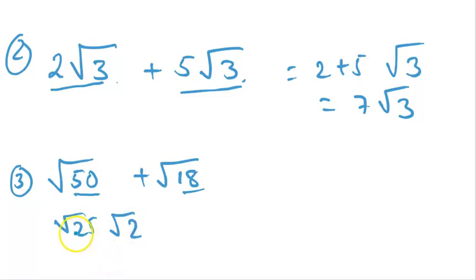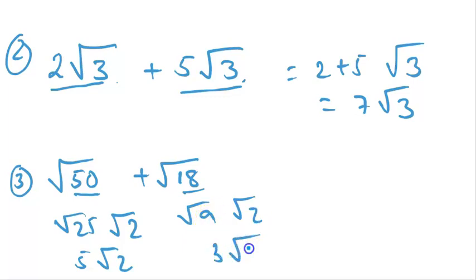So root 25 gives you 5 root 2. And also root 18 can be broken down into root 9 multiplied by root 2. So when you take the square root of 9, you get 3 root 2.